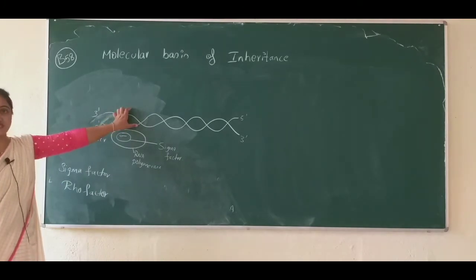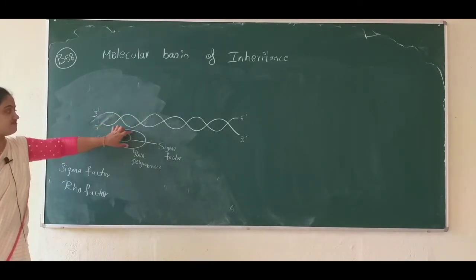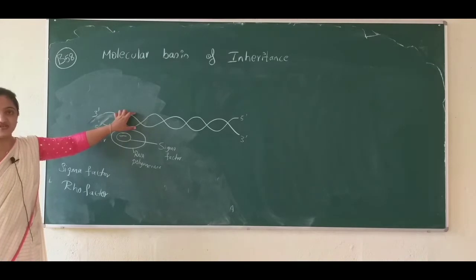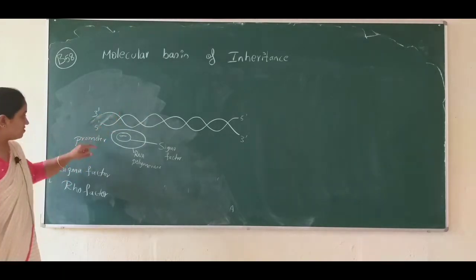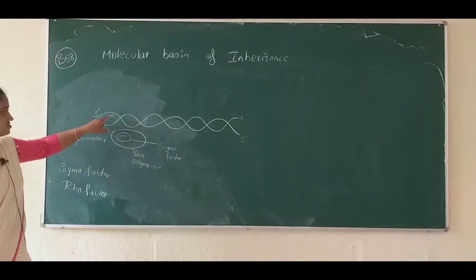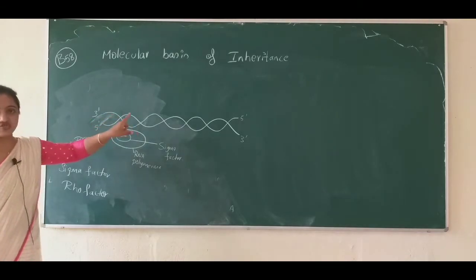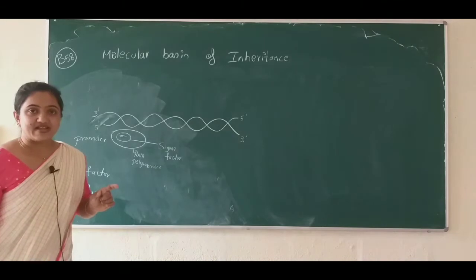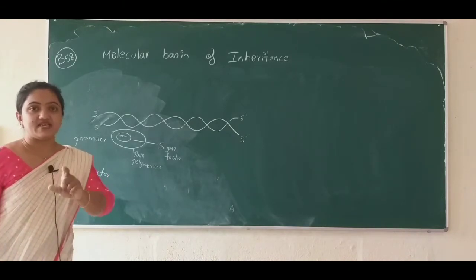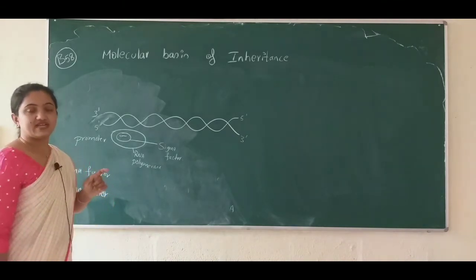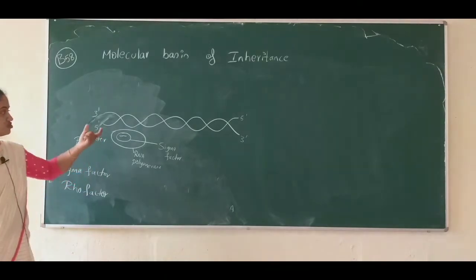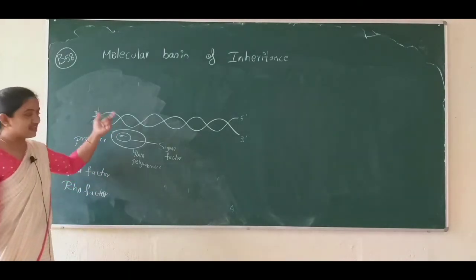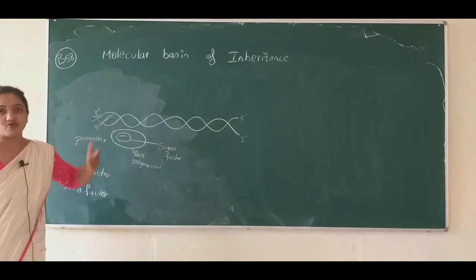How can it identify the promoter region? Based on the presence of nitrogen bases, where it finds the TATAA box, there it will start the process.